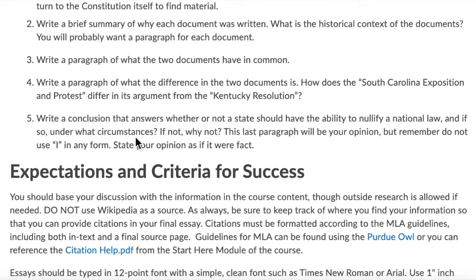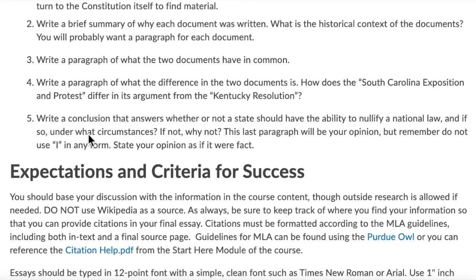Now, you might think, well, since this is my opinion, I can't do anything wrong with this paragraph. Well, certainly your opinion itself cannot be wrong, but what can be wrong is excessive vagueness as to the reason why you think so. Really, you have a responsibility to make sure that you have historical reasons, that is, reasons grounded in the history you're writing about. You need to show that you've learned something from that history.